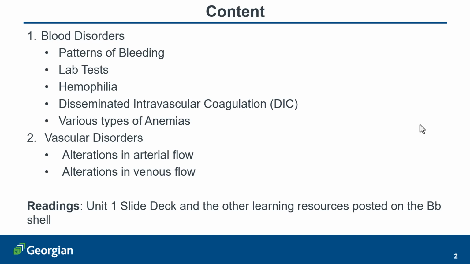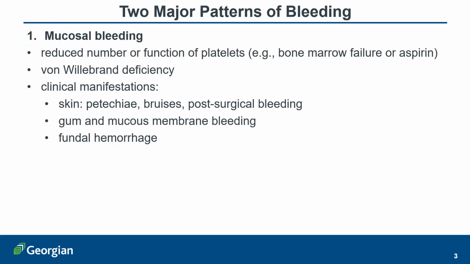And then we'll move on to discuss the vascular disorders, specifically various alterations in both arterial and venous blood flow. Please remember to read this particular slide deck as well as all the other learning resources that are posted on the Blackboard shell.